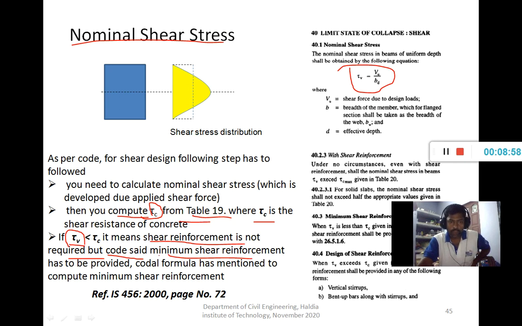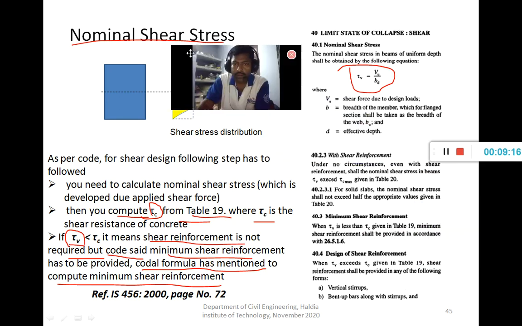But the code says that although shear reinforcement is not required, you have to provide minimum shear reinforcement. The code formula to compute minimum shear reinforcement is given on page number 72 of IS 456:2000, in clause number 40.2.3. You see that if tau v is less than tau c, minimum shear reinforcement shall be provided.